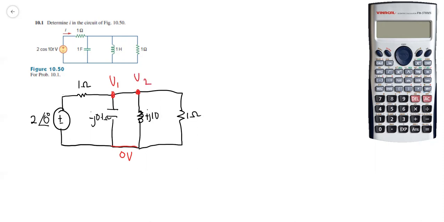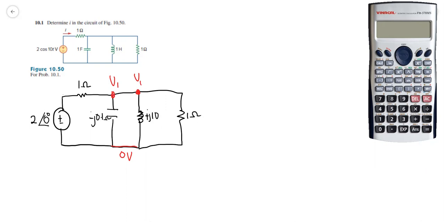But it is very important to actually look at the circuit first. Between V1 and V2, there are no elements, meaning that there is no voltage drop between these nodes, meaning that these two nodes have the same value. So I can actually write this also as V1.